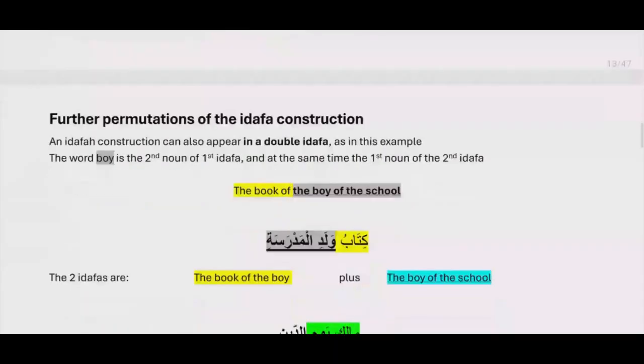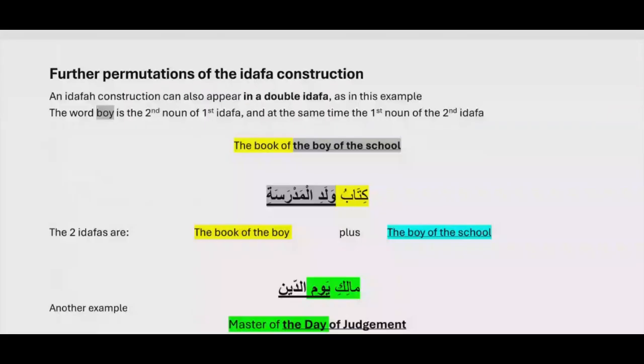Then we have what is called a double idafa, meaning there are two idafas in one construction. If you look at it, the book of the boy is one idafa here, so there's your first idafa, kitabu al. It's supposed to be al-waladi. If it was just on its own, it would have been kitabu al-waladi.